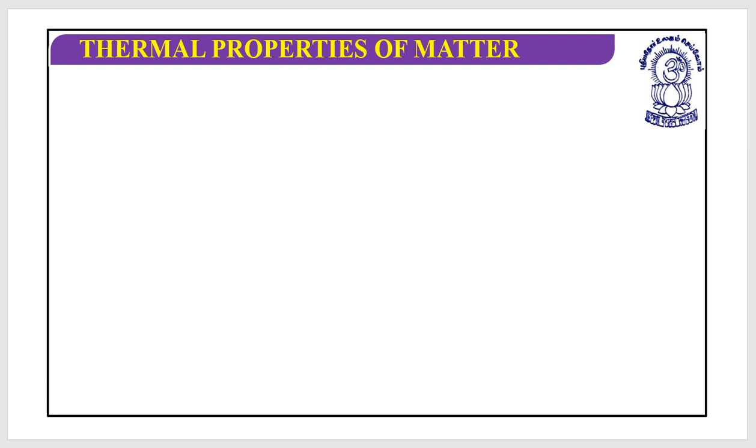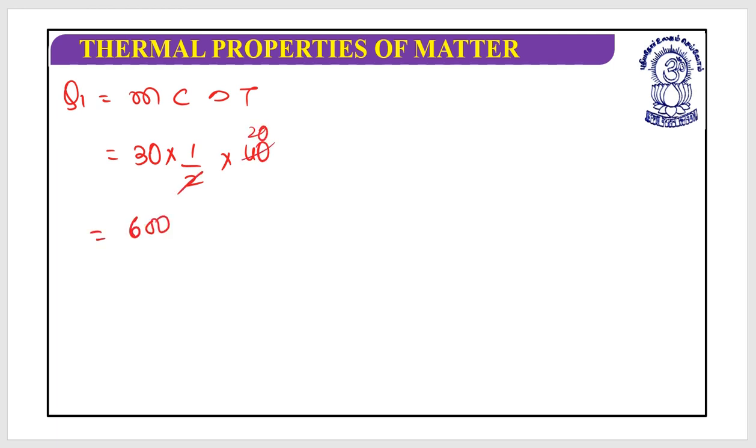That means this much energy can be made available by the water. Now let's look at what amount of energy the ice can require. First it will require energy to switch from minus 40 to 0. It's mc delta T. The mass is 30 gram, C is half, delta T is 40. So this is 30 into 20, this is 600 calorie. This is Q1.